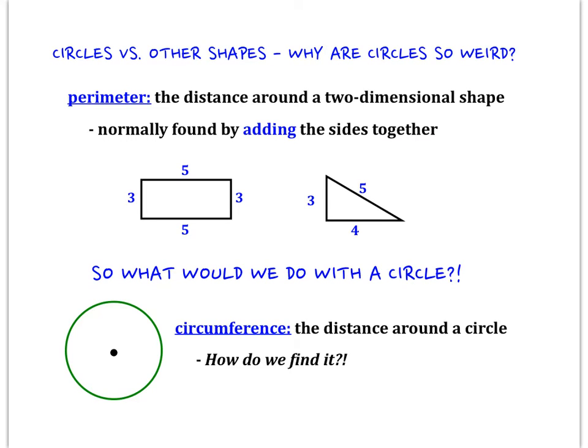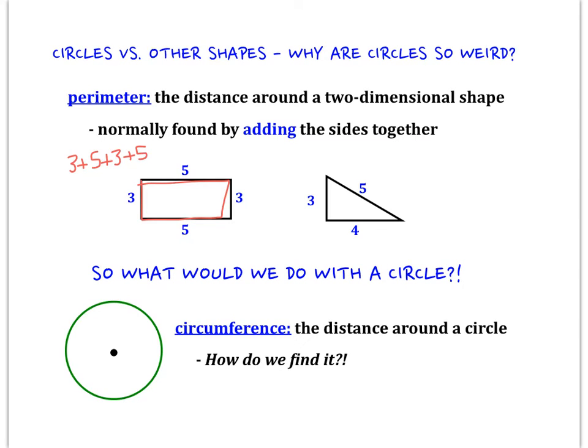If we think about other shapes, you hopefully learned last year about perimeter. Perimeter is the distance around a two-dimensional shape, and with other shapes, that's normally found by adding the sides together. So if I look at this rectangle, to find the distance around the outside, I would take those sides and add them together: 3 plus 5 plus 3 plus 5.